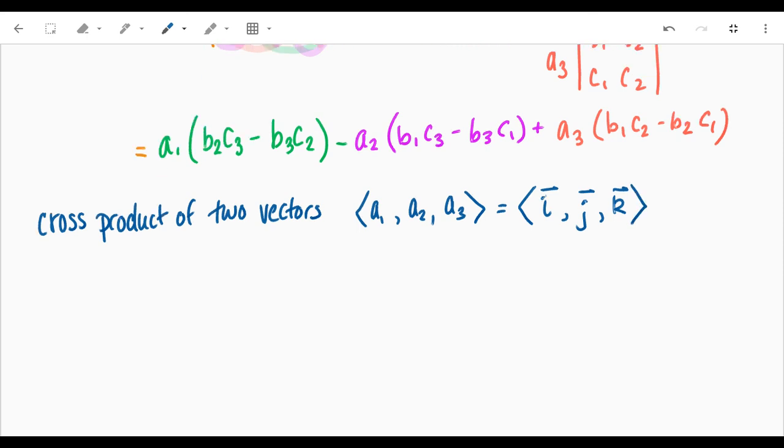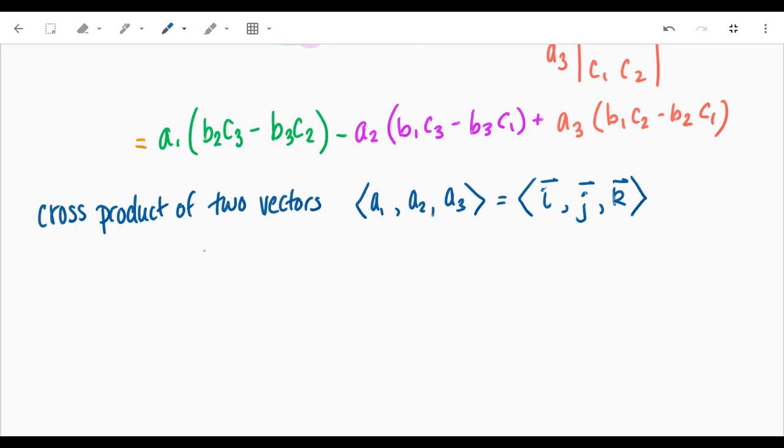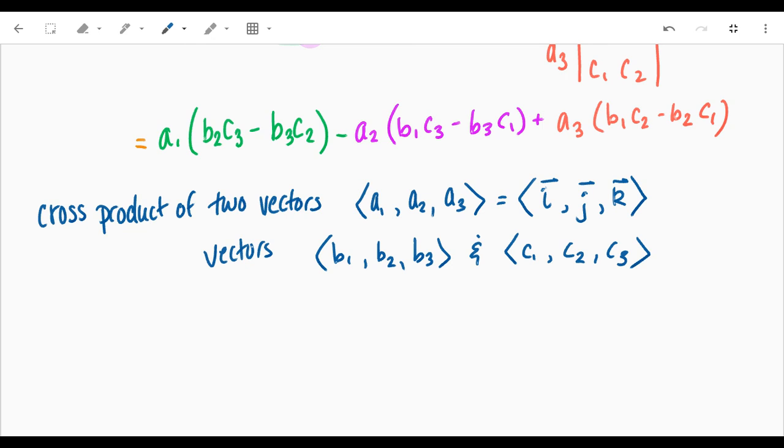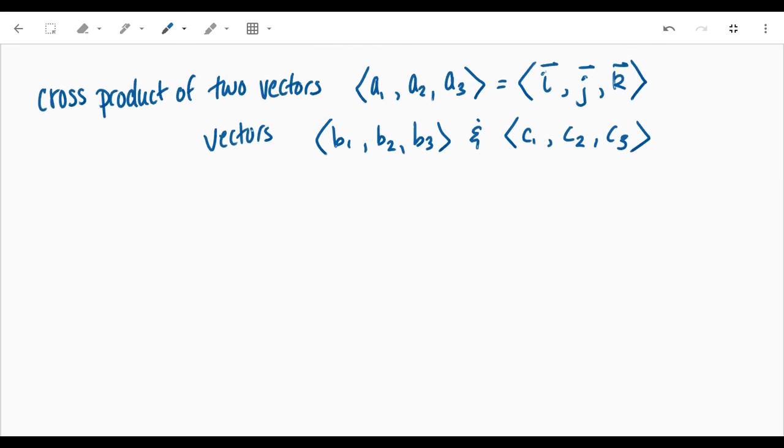And then the vectors become your B1, B2, B3, and your C1, C2, C3. I am going to do an example for that one, and there are more in the book too that you should follow along with.